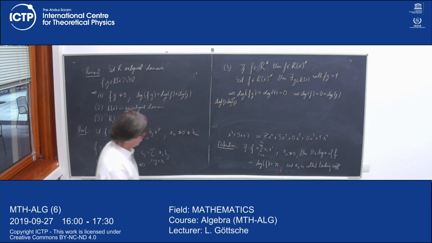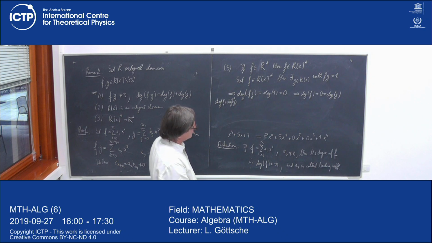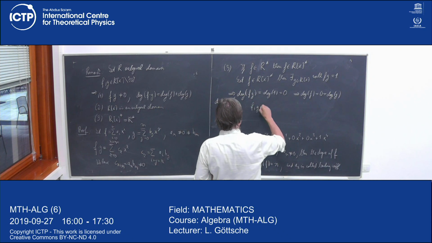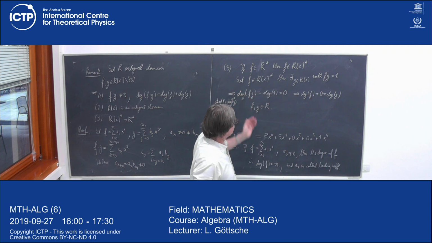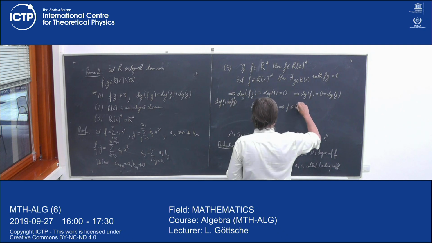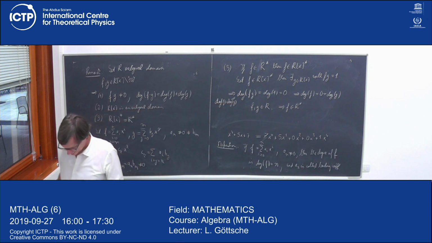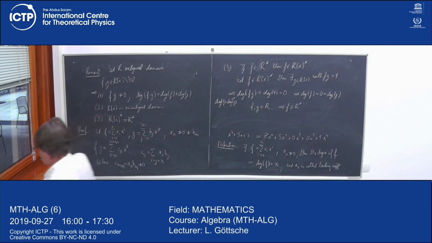And having degree 0 means precisely to be constant, so that means f and g are both elements in R, and one is inverse to the other, so it follows that f is a unit in R. Okay. So this shows at least that this degree is useful.